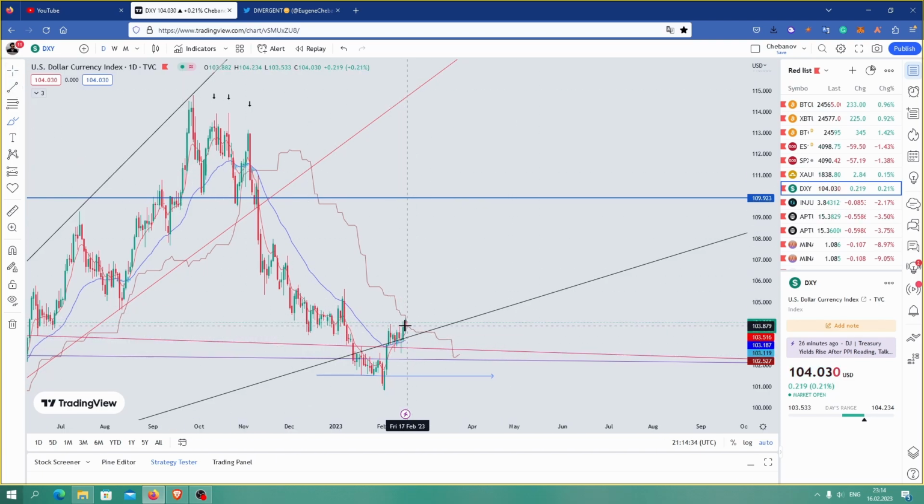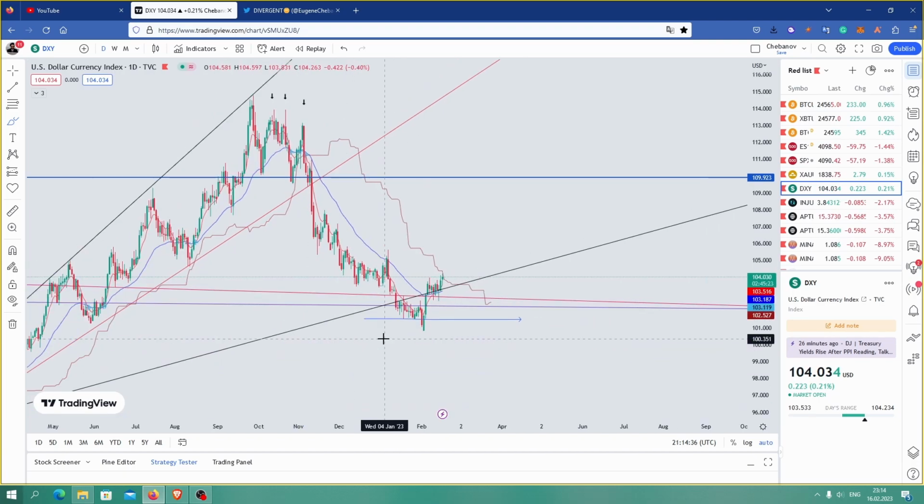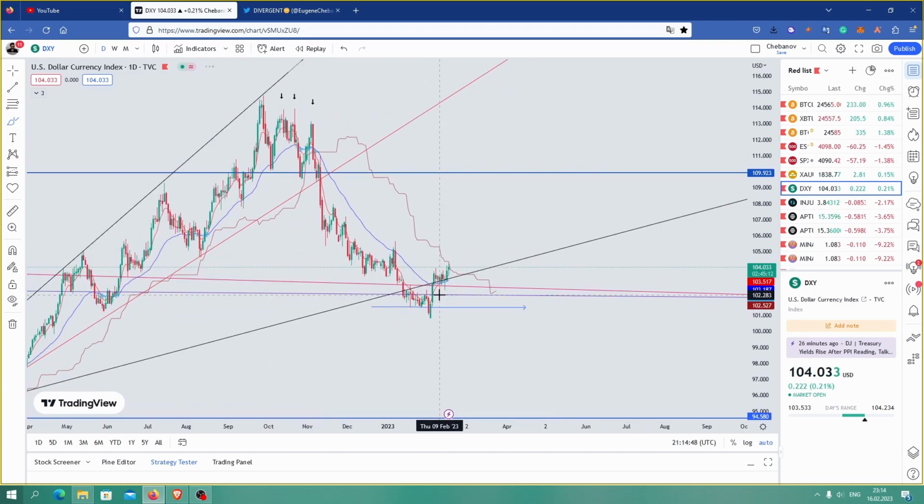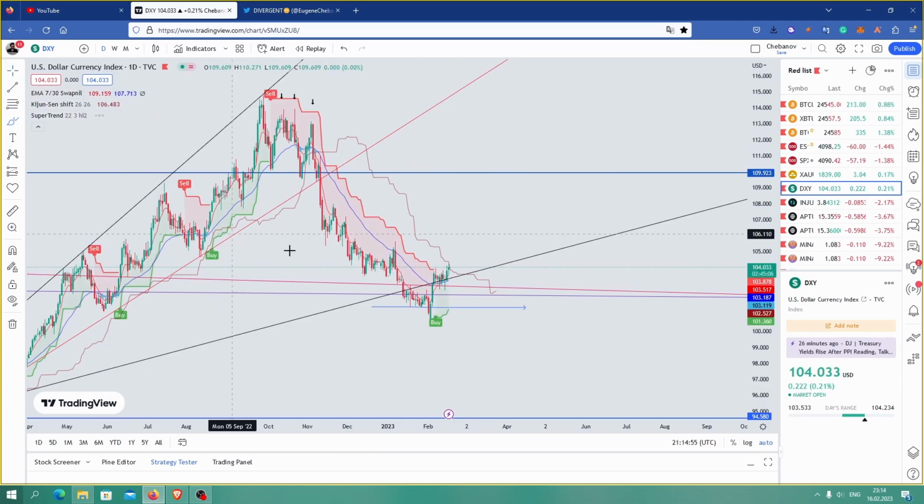So definitely we reclaim this trend line again, choppy, not very fast, but that is what is expected when you try to break through so many resistances and historical trend lines. And now we have approached this super trend, or this Kijun resistance, and definitely we are going to open the next one above it, and it will become our support now.